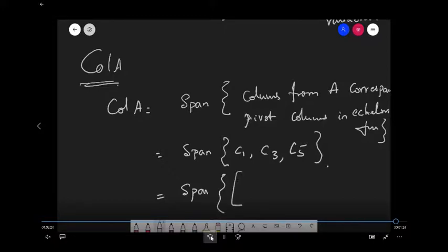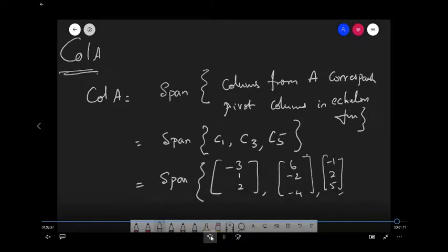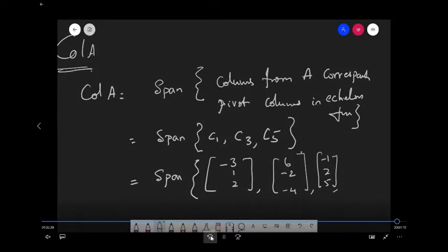The first column C1 is minus 3, 1, 2, and the second column in the given matrix is 6, minus 2, minus 4, and the third column is minus 1, 2, 5. So these are the first, third and fifth columns. Let us check once, I have a doubt. So the third column is minus 1, 2, 5 and the fifth column is 7, minus 1, 4.